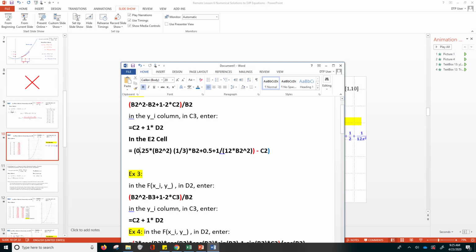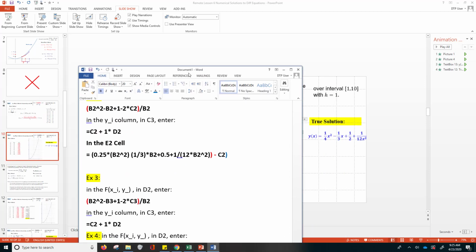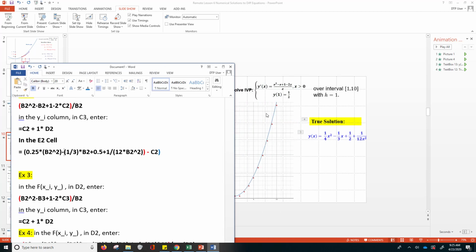I just wrote the code here. 1/4, 0.25 times x squared, minus 1/3 times x, plus 0.5, plus 1 divided by 1 over 12 times x squared.